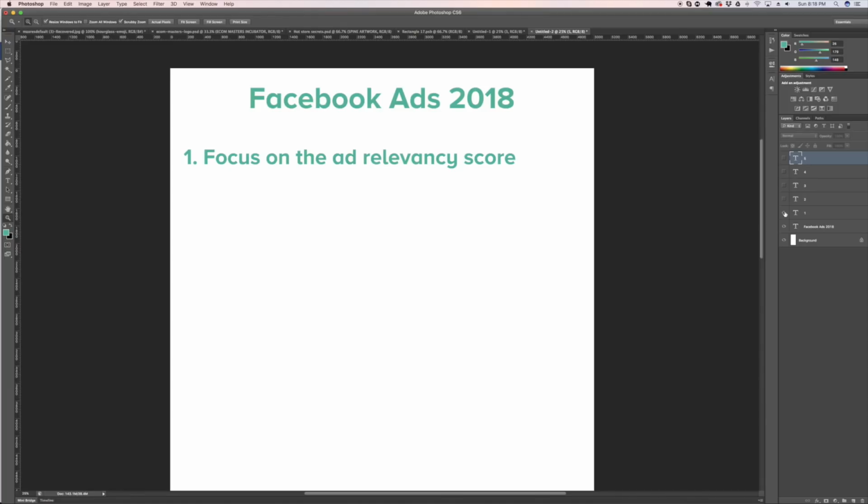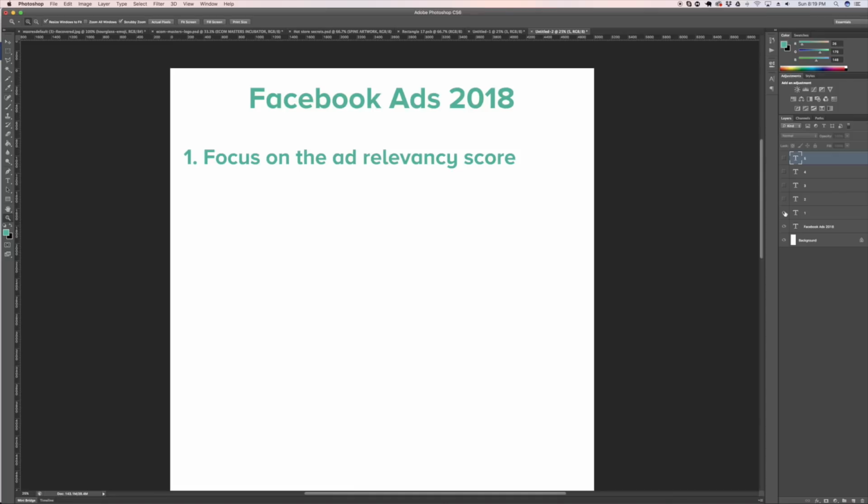Obviously this is going to lower the relevancy score, because people are going to come back and comment something bad, or dislike it, or be angry at the post or report it, which brings down your score tremendously. At the end of the day, a lower score means you're going to have to pay a lot more money to reach the same amount of audience that you would have paid very little to reach if you had a high score.